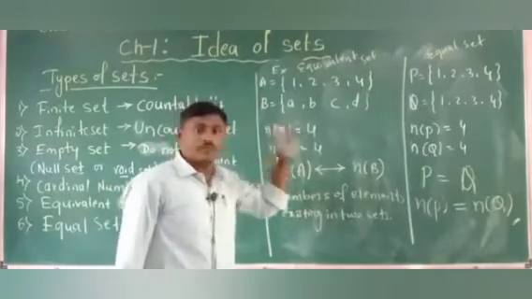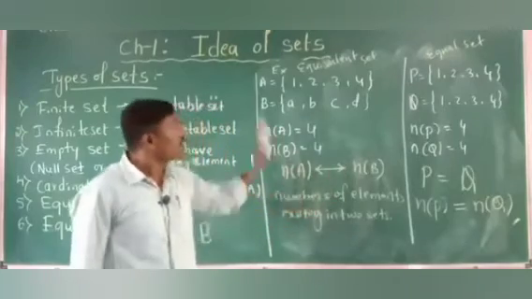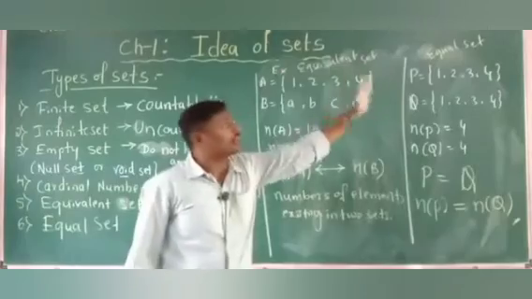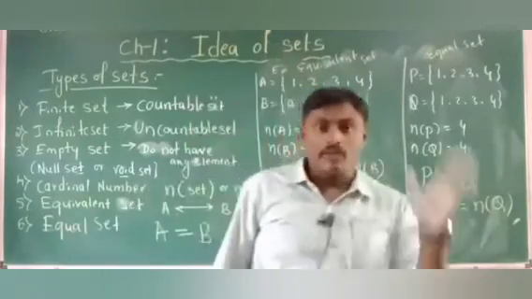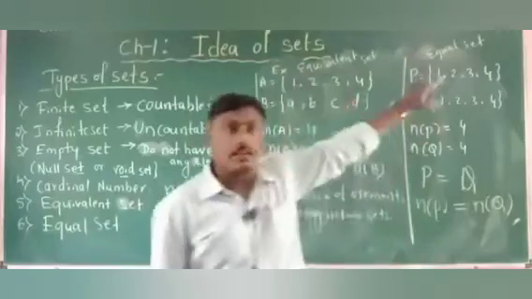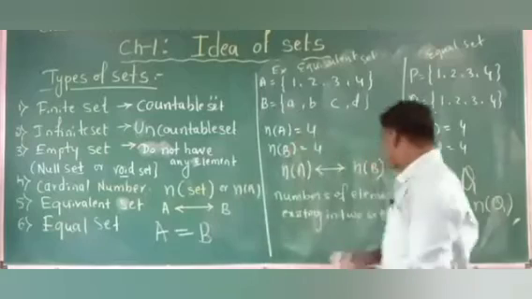Whereas in equal set, the number of elements as well as the existing elements should be same.